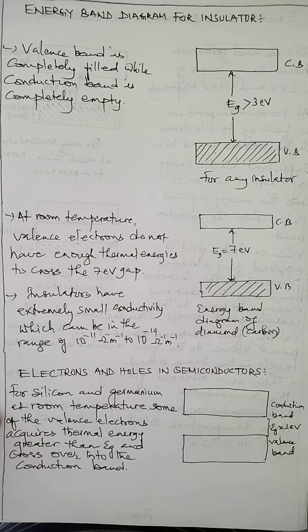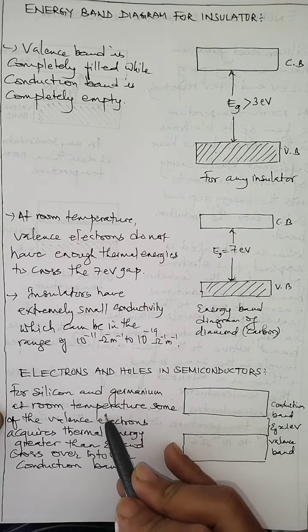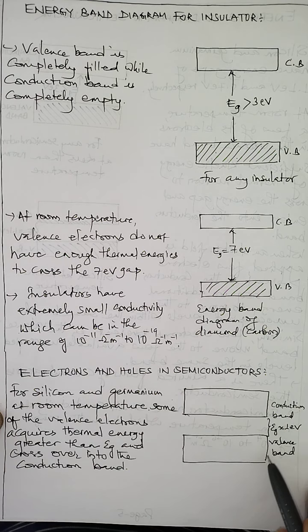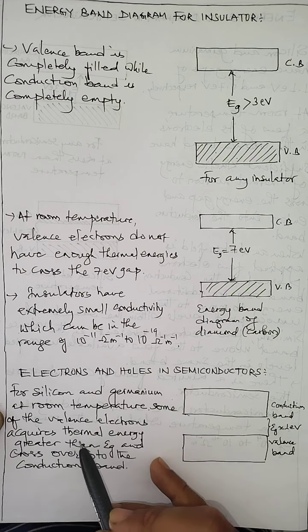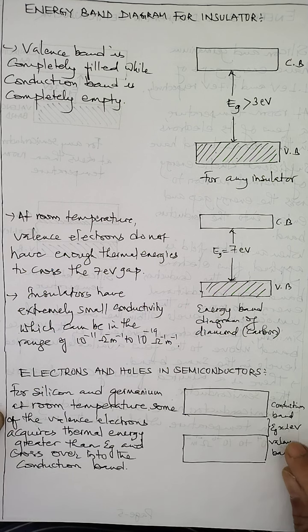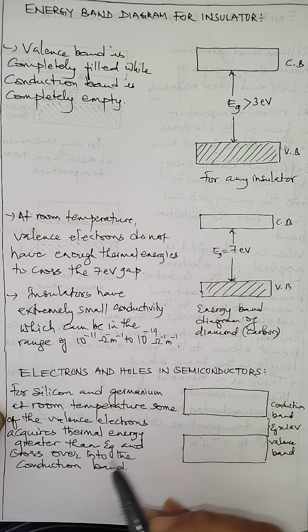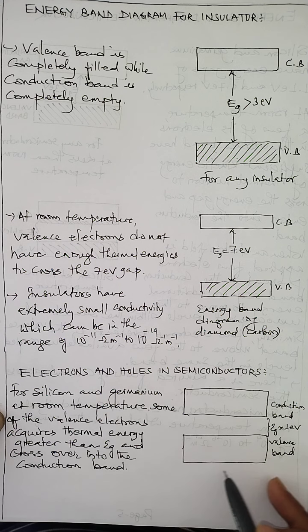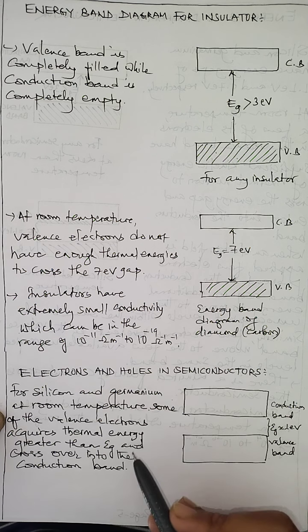So what happens for a semiconductor like silicon and germanium at room temperature is that some of the valence electrons present in the valence band acquire some additional energy, called thermal energy, which is greater than the energy gap, like 1.1 electron volt for silicon or 0.7 electron volt for germanium. On average, the energy acquired by the valence electrons will be greater than 1 electron volt, which is more than the energy gap.